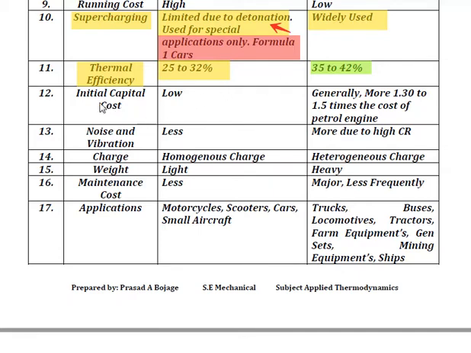Moving ahead, the initial cost of the engine. The initial cost for a petrol engine is lower, whereas generally diesel engines are costly, in the range of 1.30 to 1.5 times that of the petrol engine.